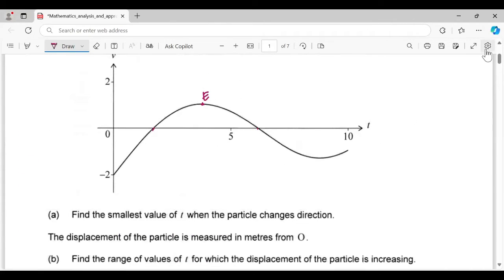So the particle changes its direction when t equals 3.751.